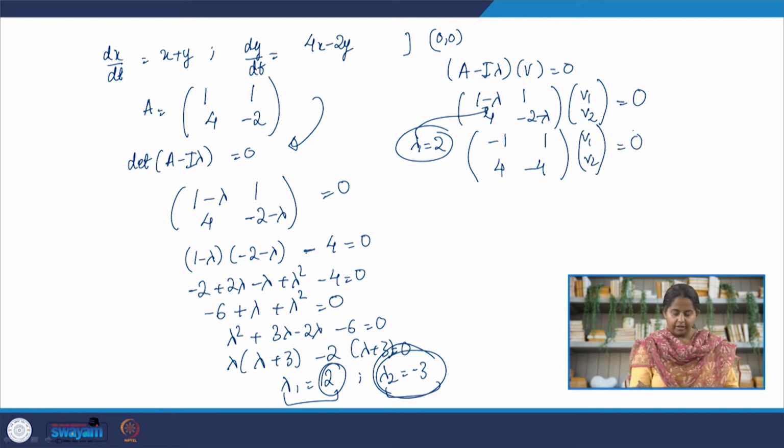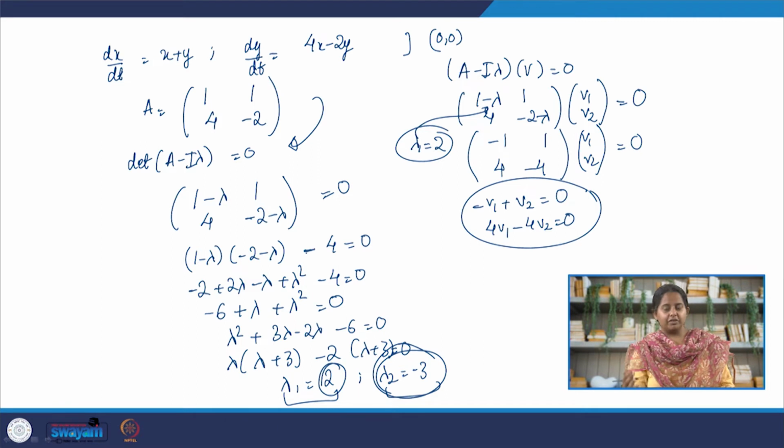Looking at this system, it will give you a non-trivial solution. The non-trivial solution is basically V1 by V2 is equal to 1 by 1.